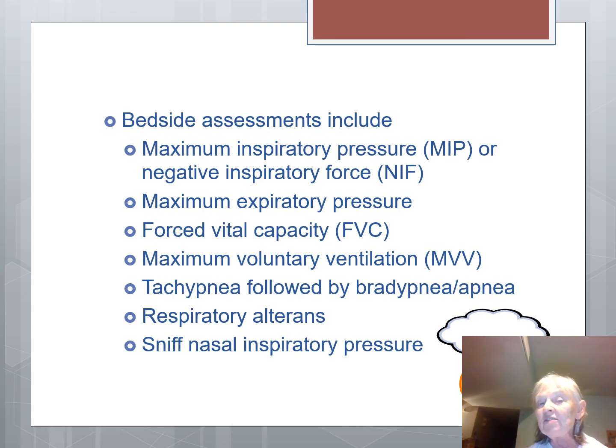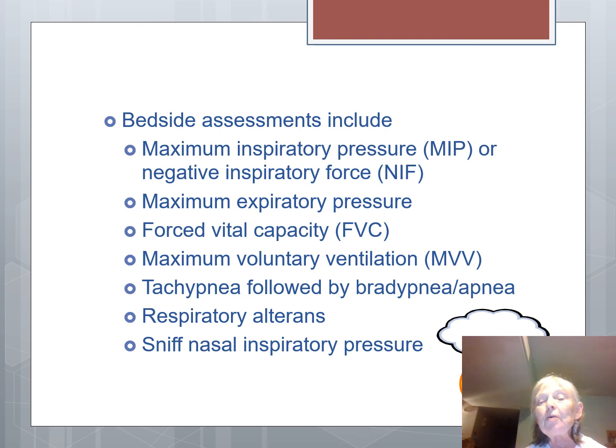The indicator of support for the MIP-NIF is anything greater than negative 20. To come off of the ventilator, it has to be less than negative 20, okay? This is what's in the books. You may go to a hospital and they may tell you that their protocol is negative 25 or negative 30. That is okay. That is hospital specific, okay? But when you look in your book, it's going to be greater than negative 20.